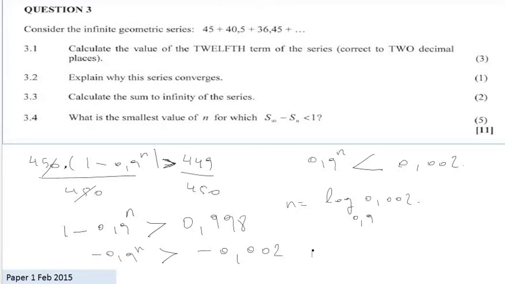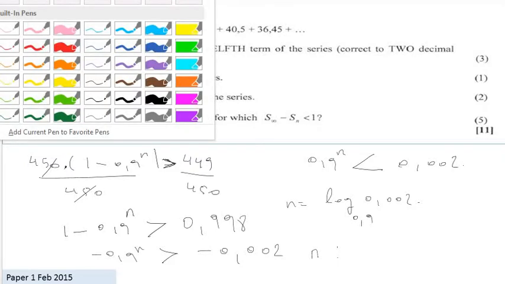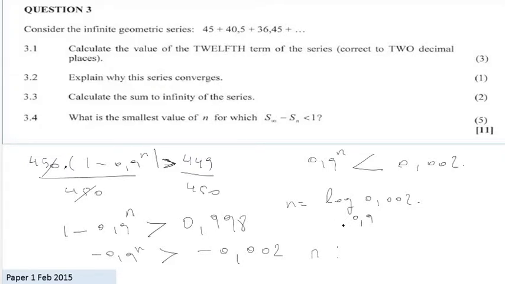So we just need to compute this expression here. So the value of n is 57.98.